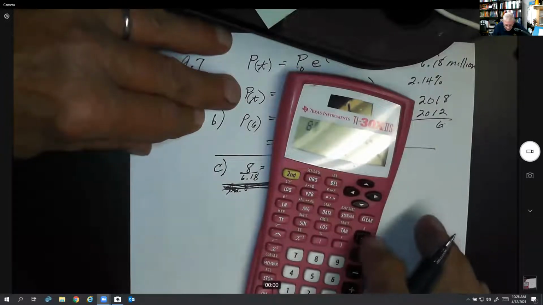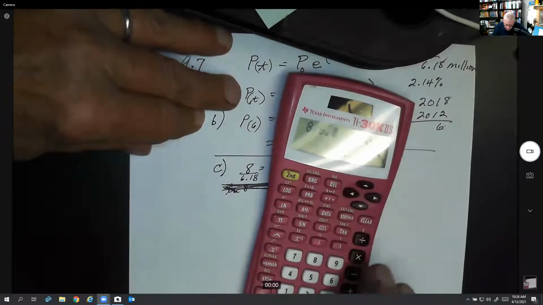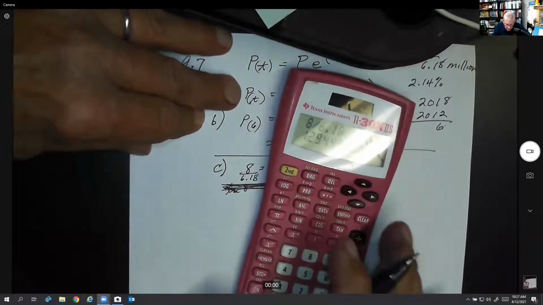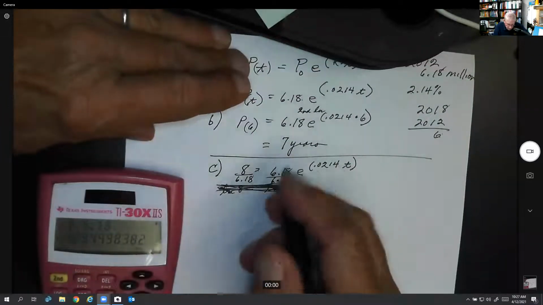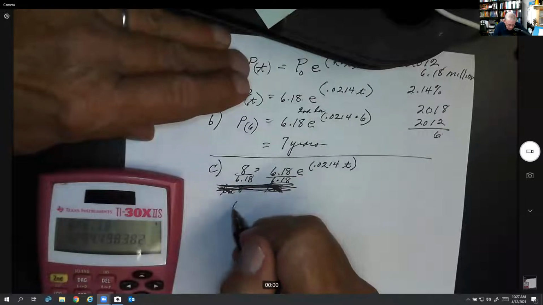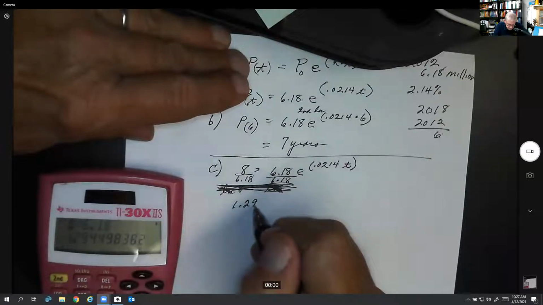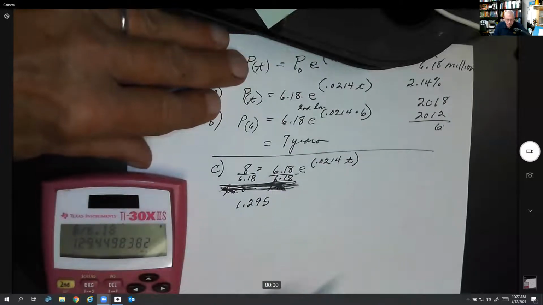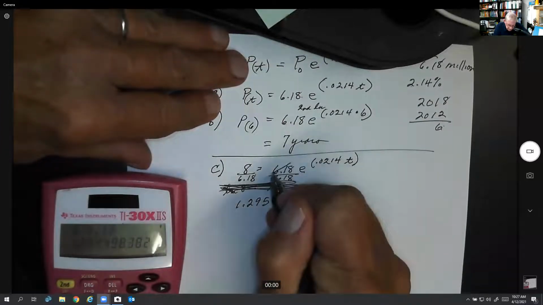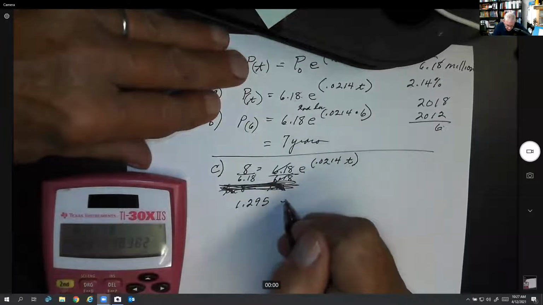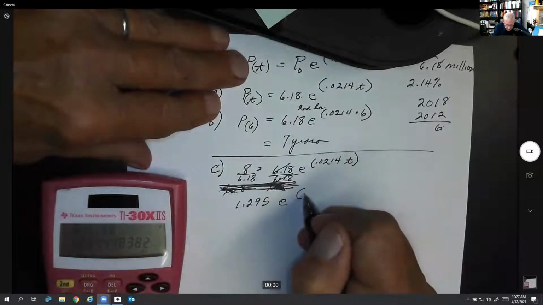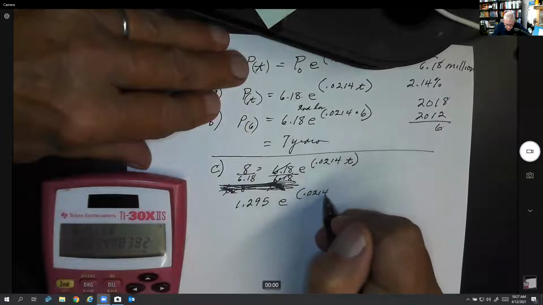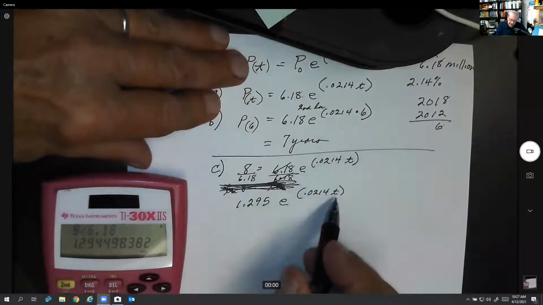8 divided by 6.18. I usually carry that like 4 decimal places or 3 decimal. I'm going to round it off to 1.295. Okay. These cancel, and I still have my E. I'm trying to get to this exponent, which is way over here.